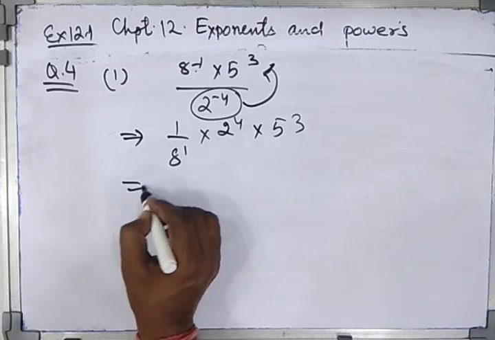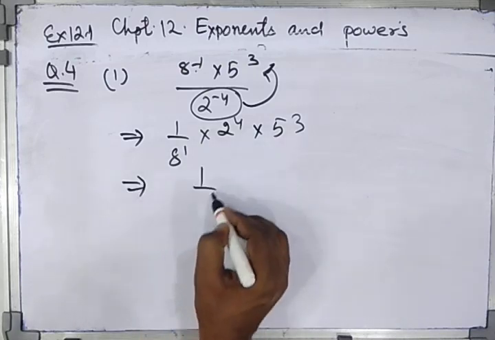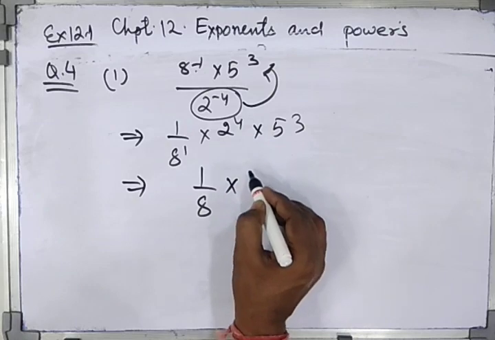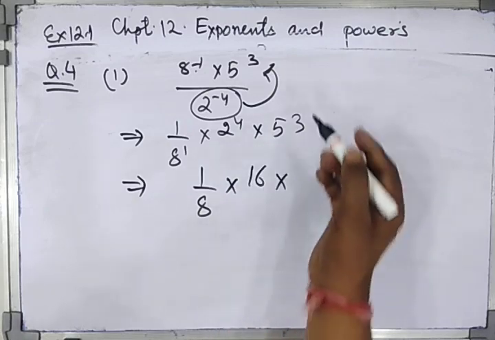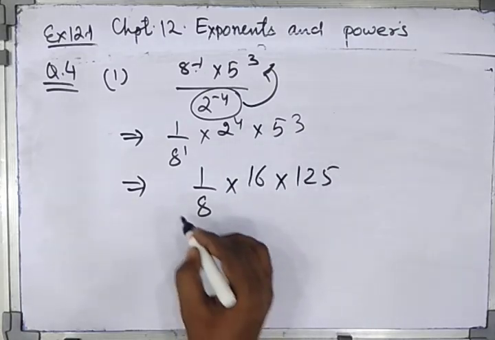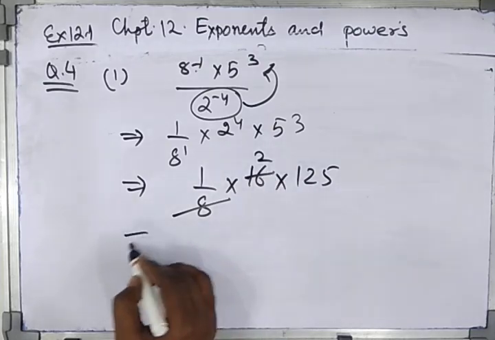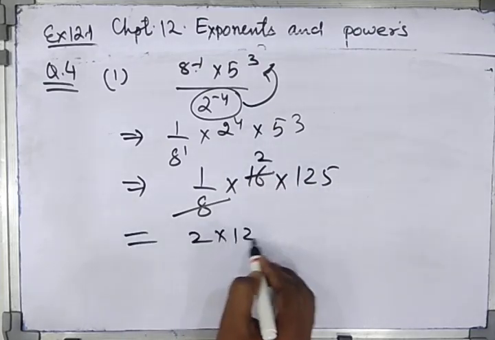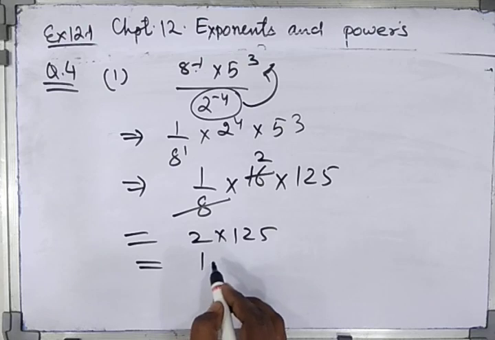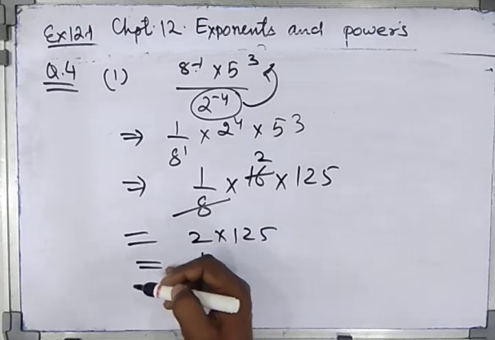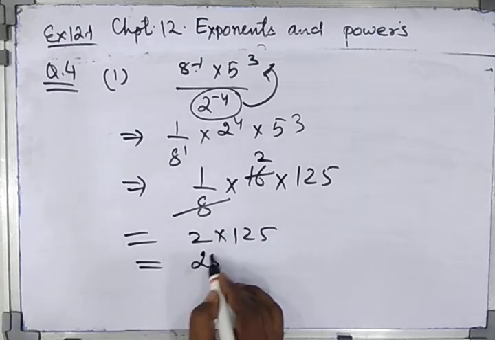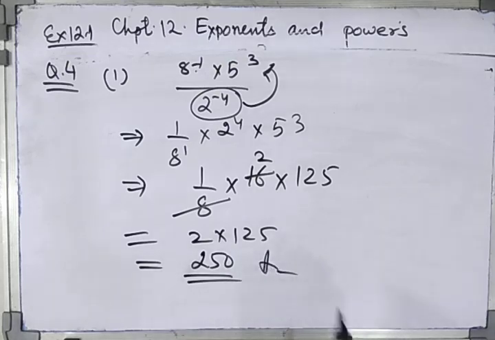So this will be equal to 1 by 8 into 2 raised to 4, 16, into 5 raised to 3, 125. 8 twos are 16. So, 2 into 125 is equal to 250. This is the answer, students.